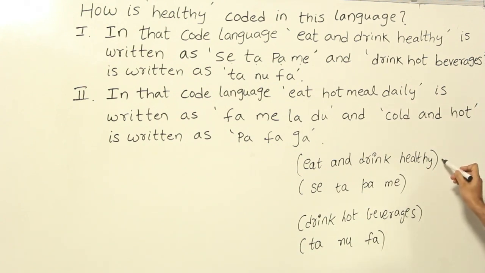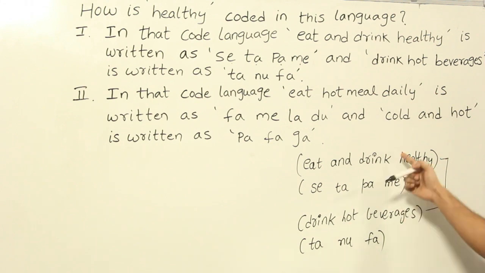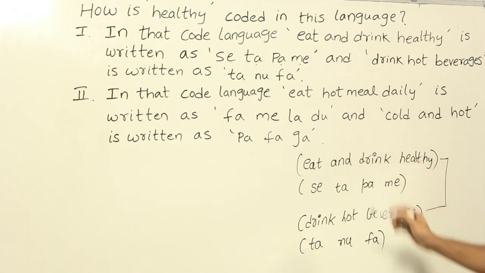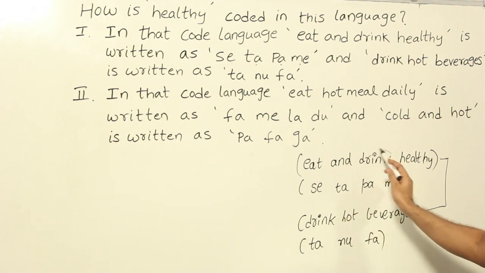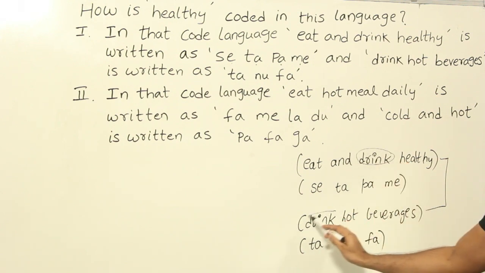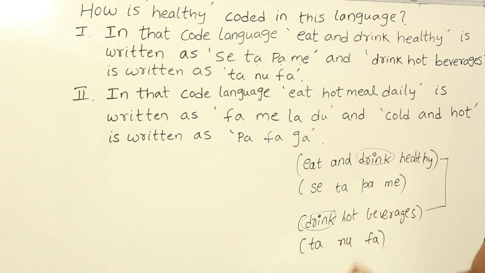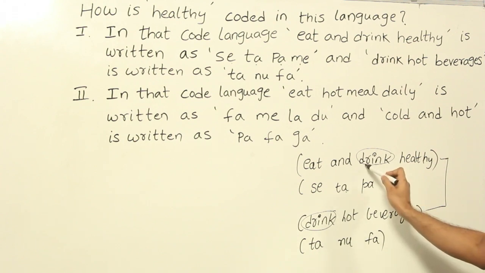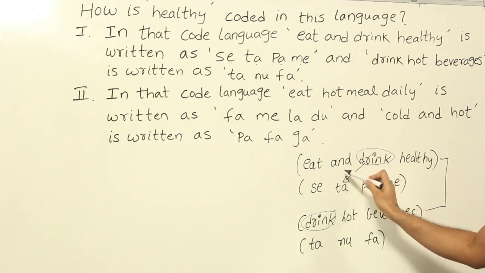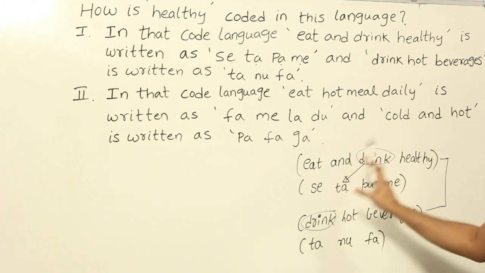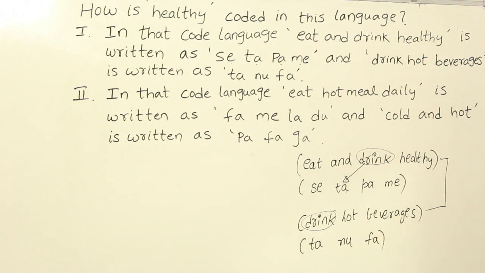If you take the intersection of these two statements, you will see that "drink" is common between the two. And if you take the intersection between the codes, TA is common. Therefore you can understand that "drink" must correspond to TA. That is what you can get from this and nothing else.